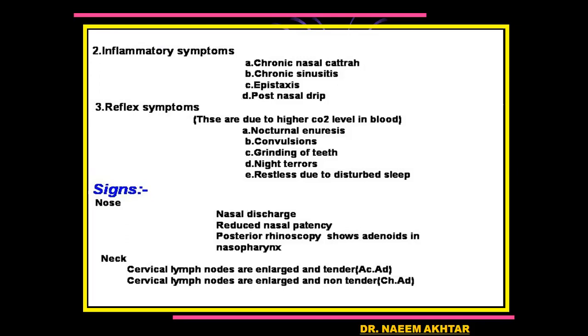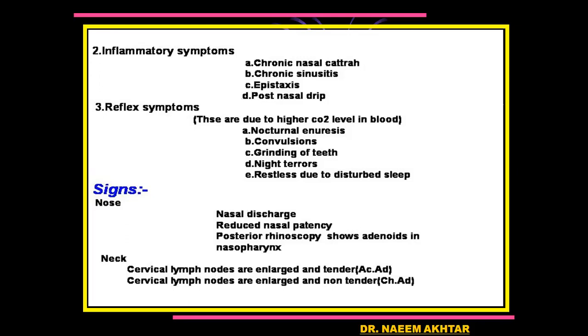Signs in these patients: in the nose, the patient may have nasal discharge and reduced nasal patency, and if we perform posterior rhinoscopy, if the child is cooperative, then we may see adenoids in the nasopharynx.